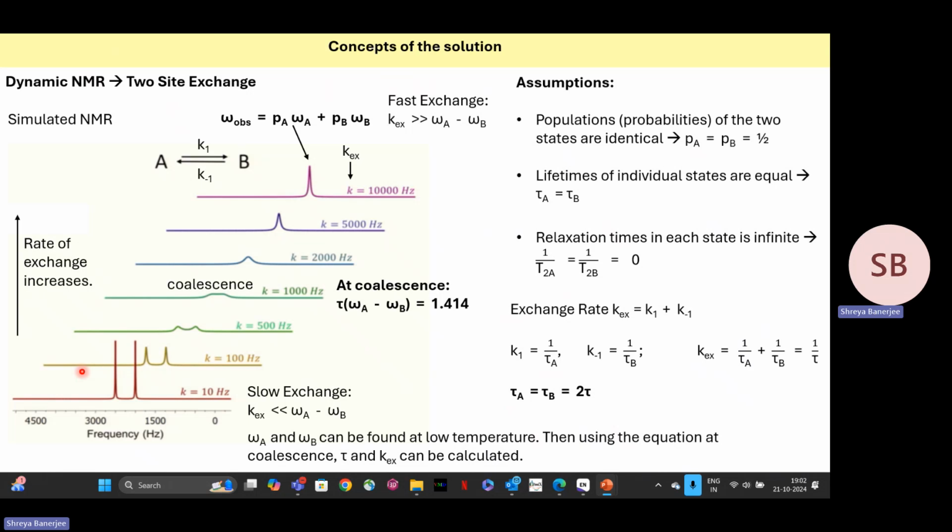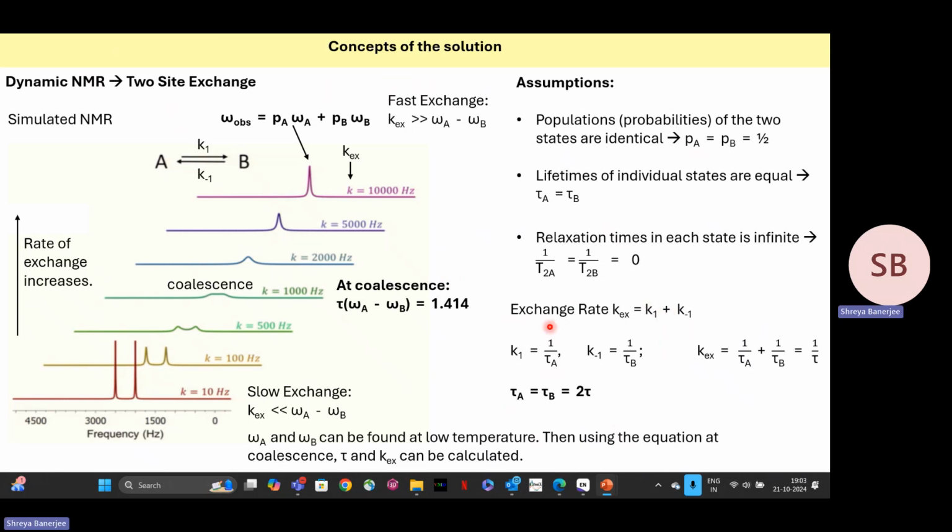So if we look back to dynamic NMR, suppose we have two protons A and B and they are exchanging with each other. We can call the rate of exchange K exchange the sum of the rate of the forward reaction K1 plus the rate of the reverse reaction K minus 1.